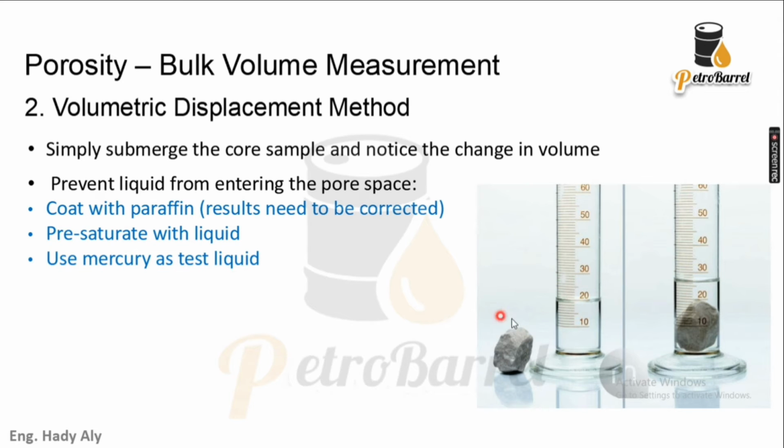The last method is that we use, instead of water, for example, mercury, because mercury has a high density, so it is very hard for mercury to enter small pore spaces, okay? So this is about how to prevent the liquids from entering the pore spaces, to ensure we have an accurate bulk volume measurement and an accurate value of porosity.